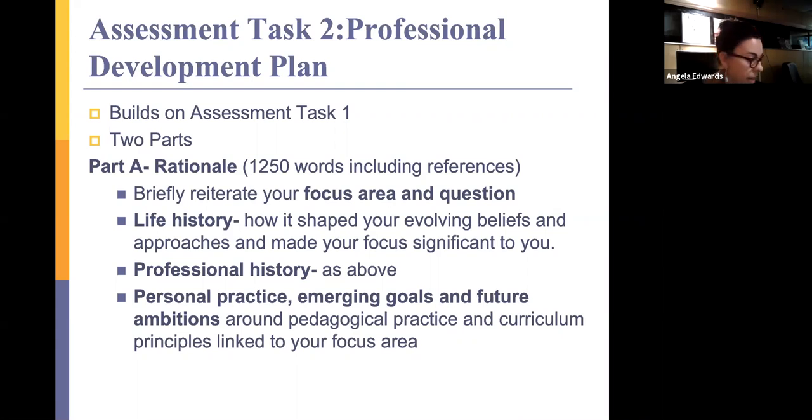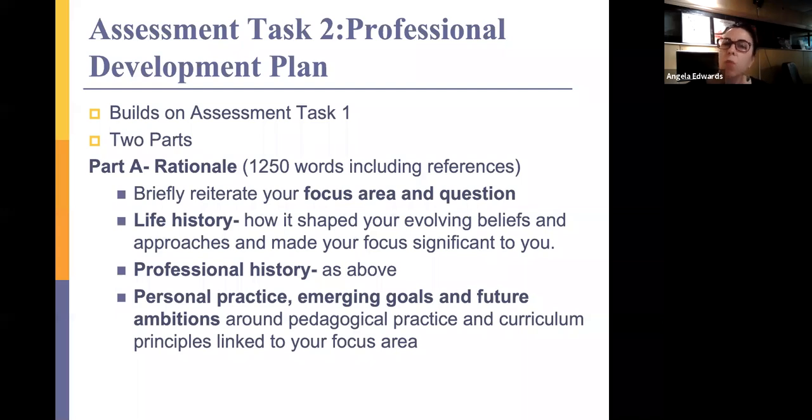So the third section in part A is around your personal understandings of practice, your emerging teaching goals, and future ambitions, again, around that focus area. So it suggests in the task sheet that you focus here on 3 key areas that have come out of the analysis of your scholarly research and the curriculum documents in the first assessment task.